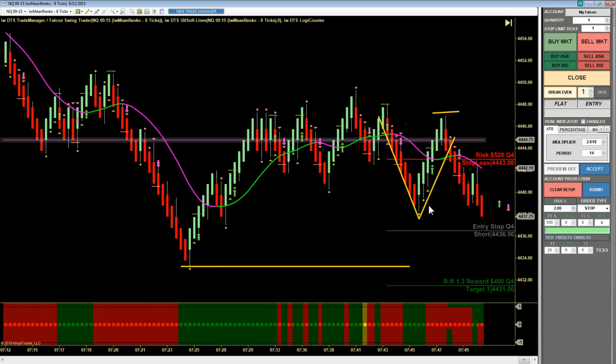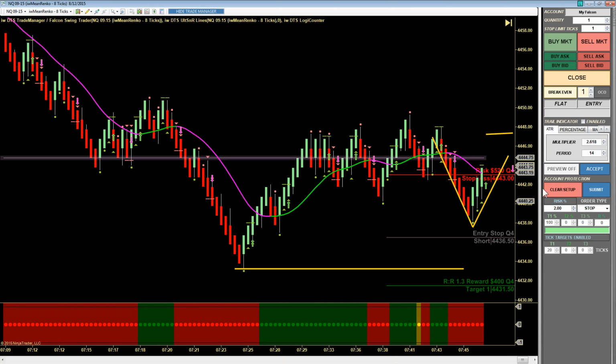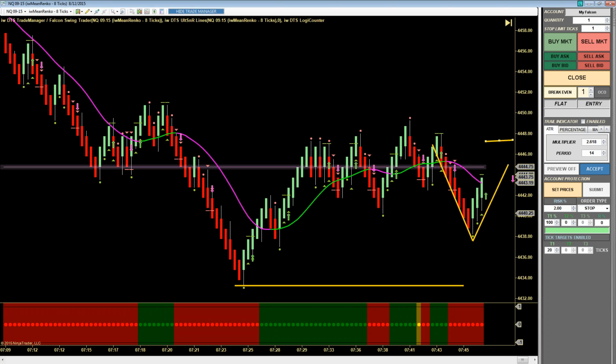So what you want to do is you always want to weigh the overall trend with what's going on your chart. When the market bottomed out here, it was starting to look very bullish.